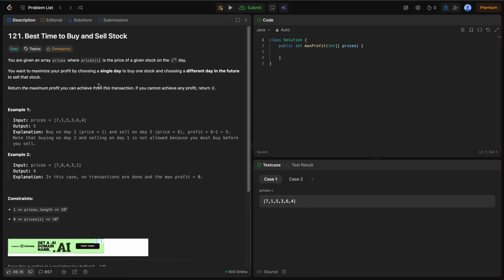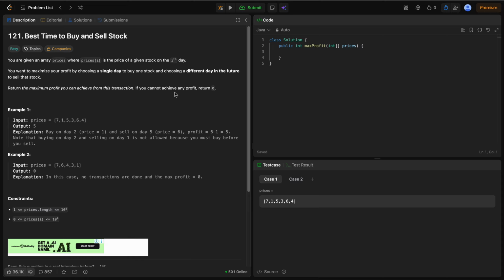So that's why they mentioned this specifically. Also, they mentioned to return the maximum profit you can achieve from this transaction. From the whole transaction, I need to get the maximum profit. If we didn't find any kind of profit in that entire transaction, we return 0. Clear?